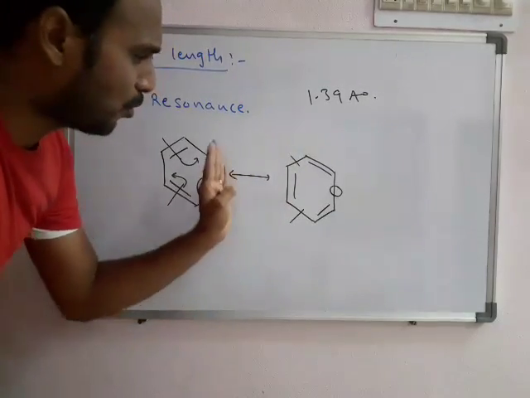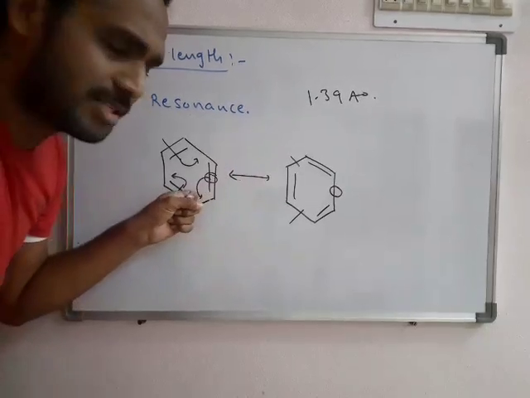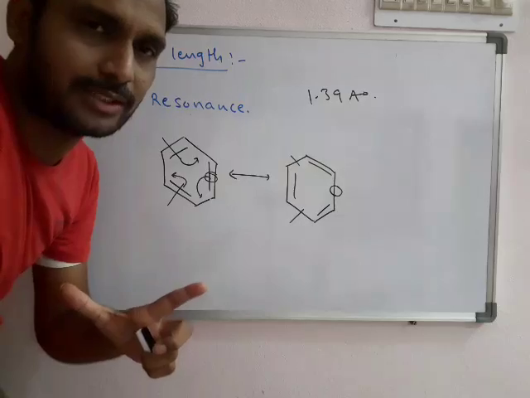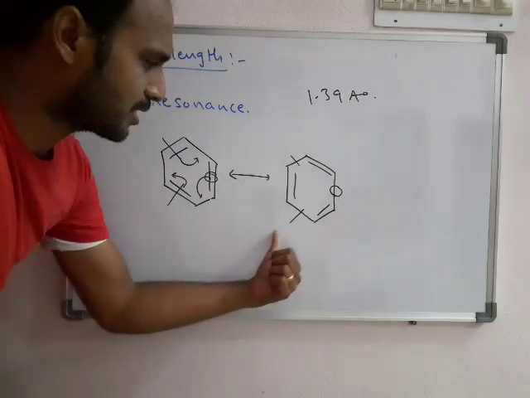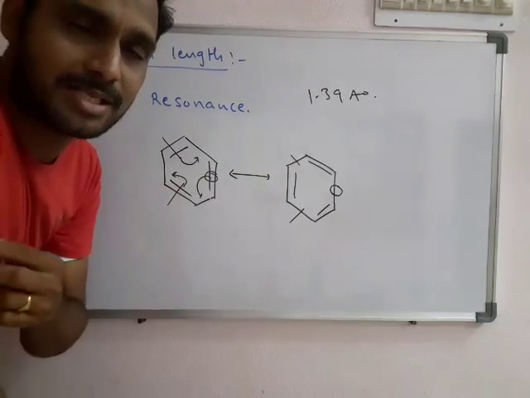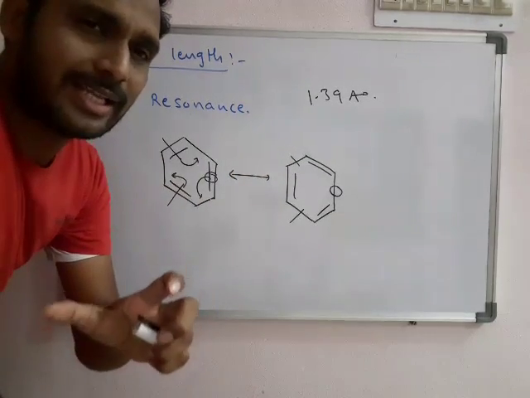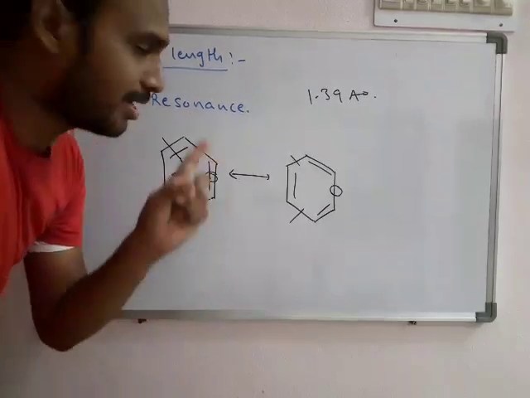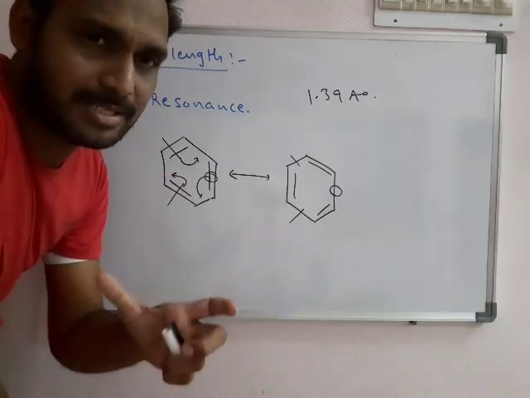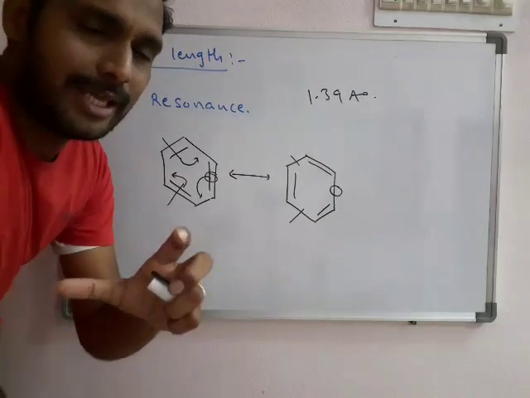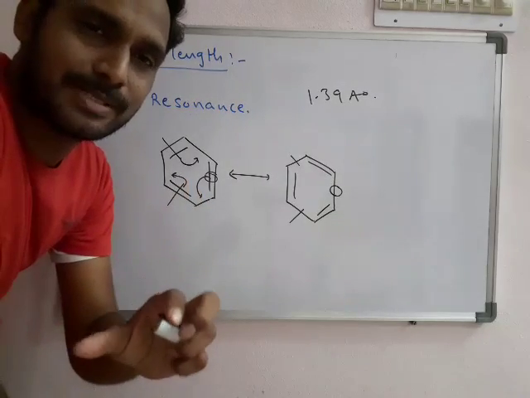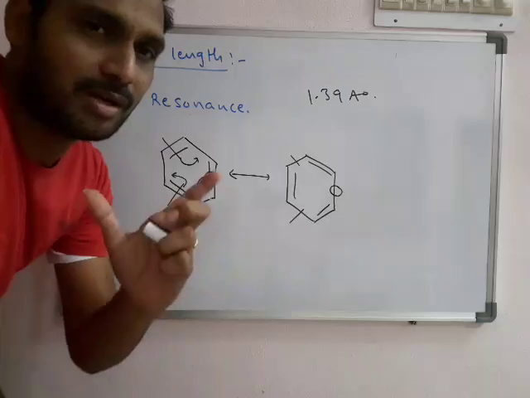Why did it happen? For example, if there were only one structure, then at the double bond there would be 1.34 and at the single bond 1.54. But due to the presence of these two structures for benzene, the bond length becomes 1.39 angstroms. It means bond length also depends on resonance. Resonance means that if a molecule is represented by more than one structure, that is called resonance.